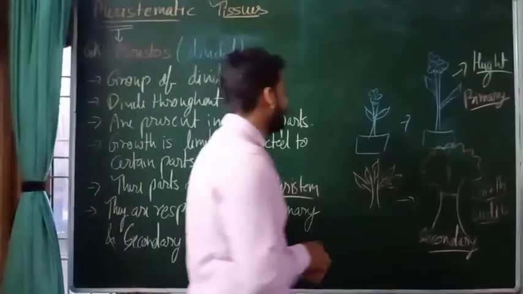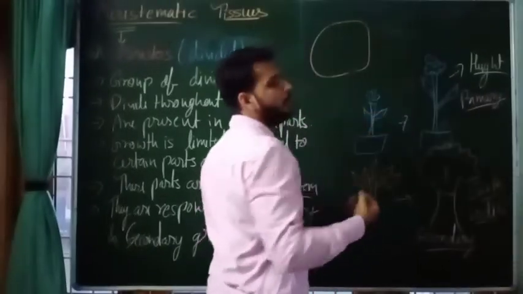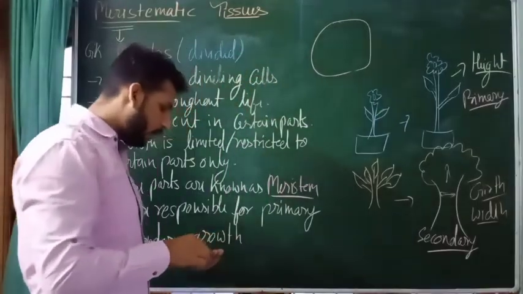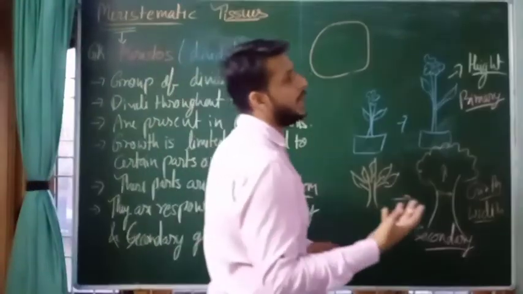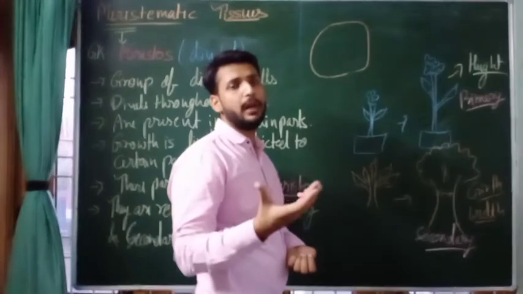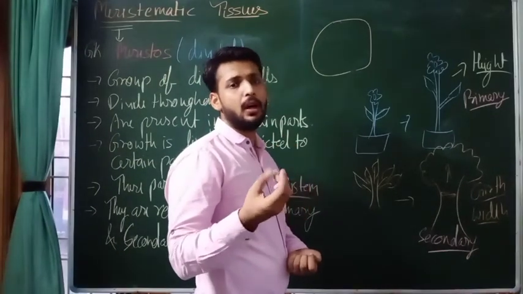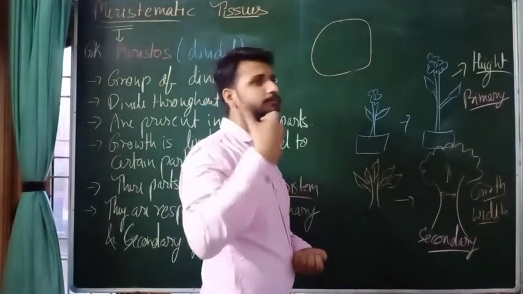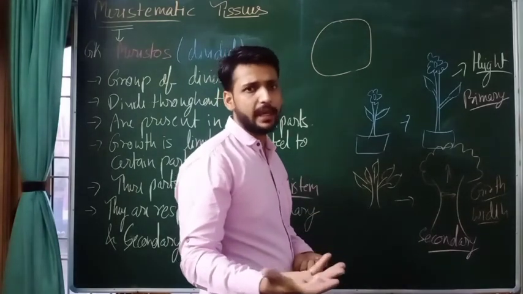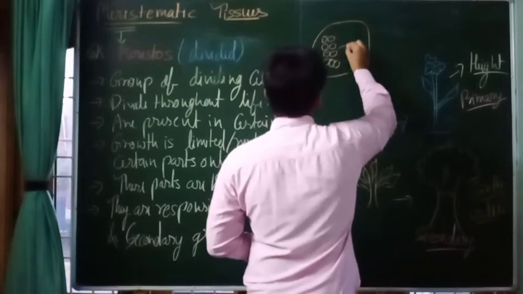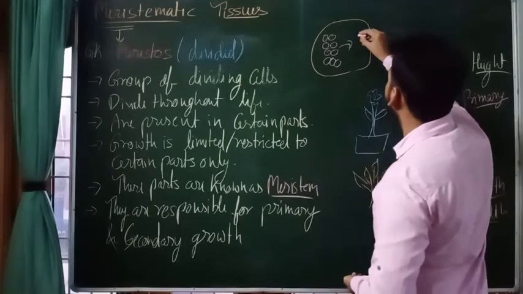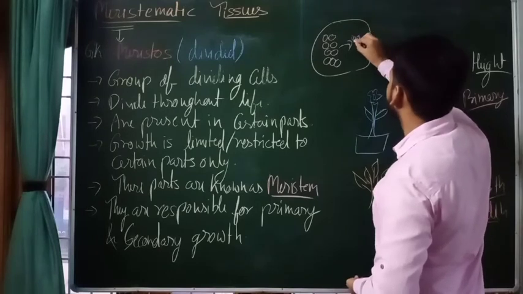Now here, how are these cells divided? Suppose we take here a tissue or box of meristem. There are cells present. The cells can be oval, spherical, or rectangular in shape, right?